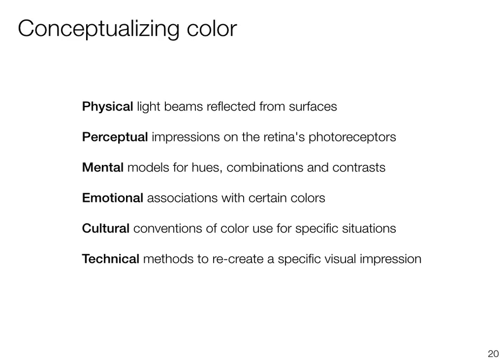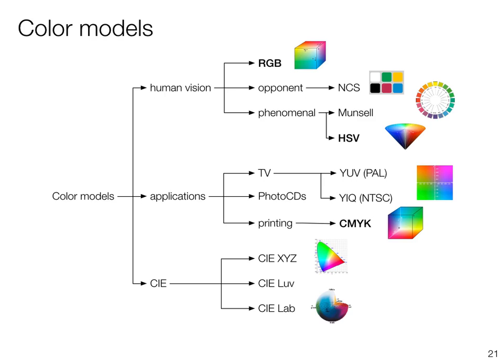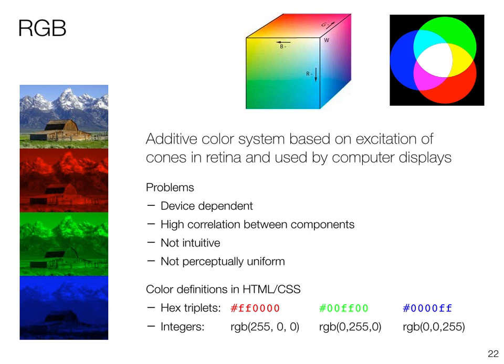Now, let's actually start from the technical end. There have been quite a few color models with which to mathematically represent color information. And let's pick maybe 3 particularly important ones out here. So first, RGB is an additive color system, which is really based on the idea of cones being triggered in the retina by different segments of the light spectrum.